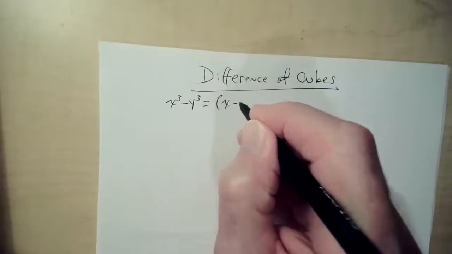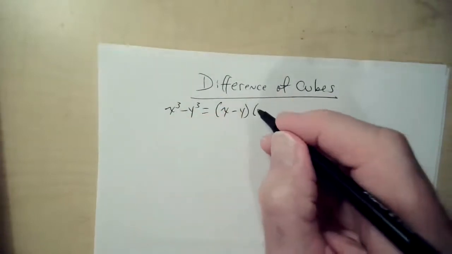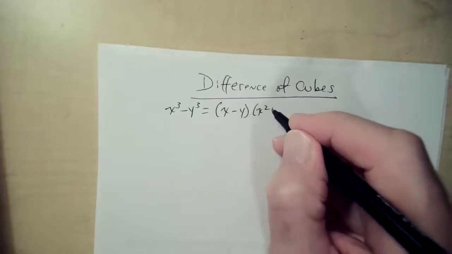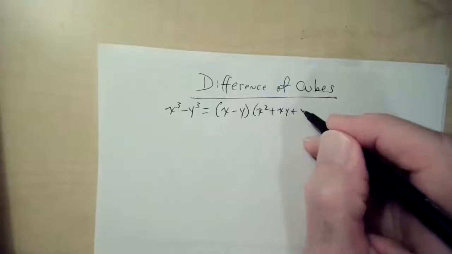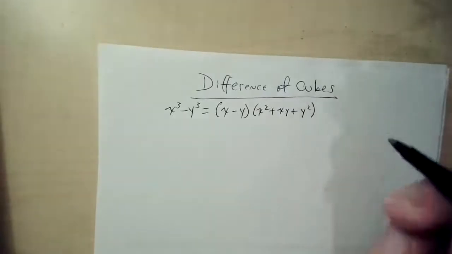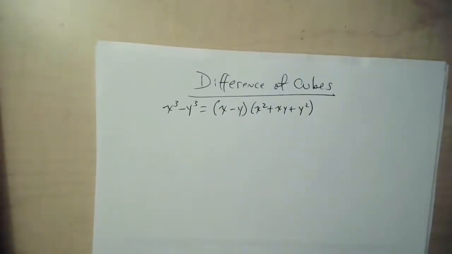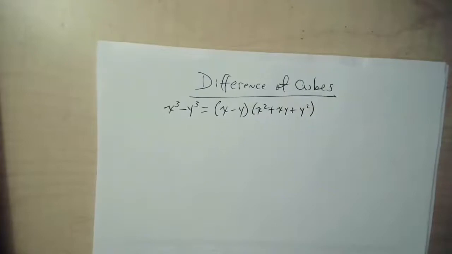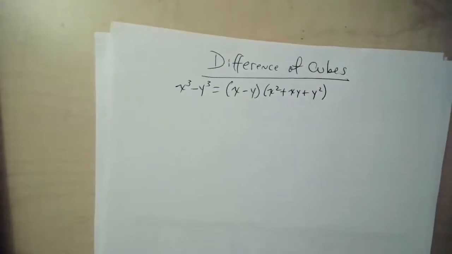Now, the difference of cubes is x cubed minus y cubed equals x minus y, just like this, times x squared plus xy plus y squared. Okay, whose turn is it? Mr. Luna, can you see this okay?